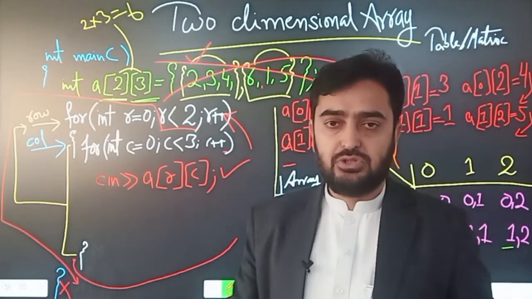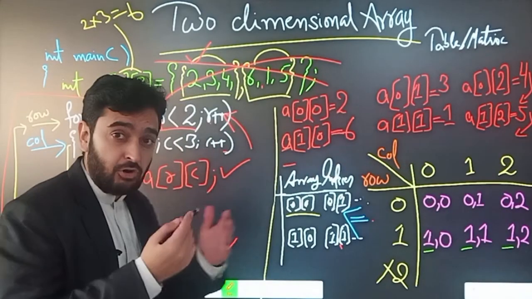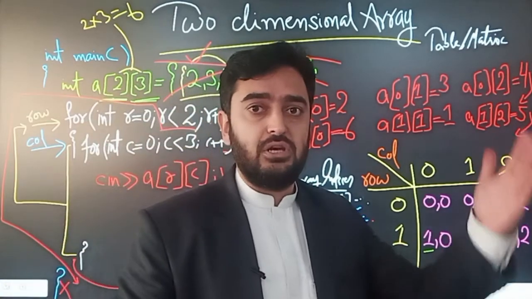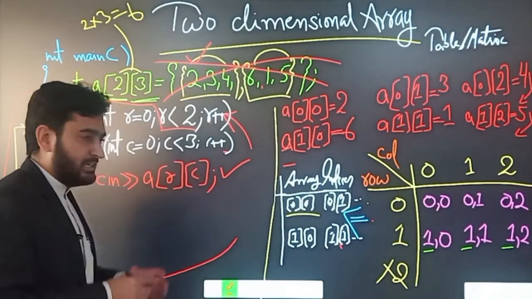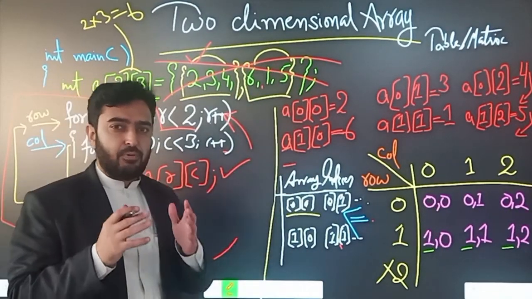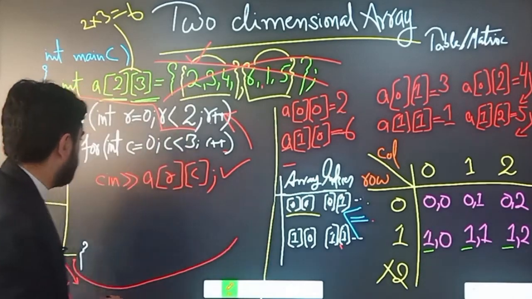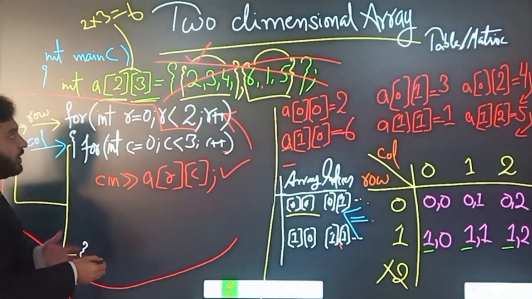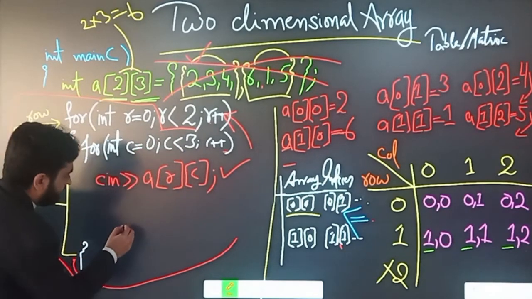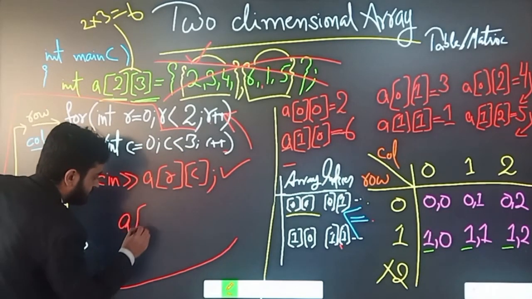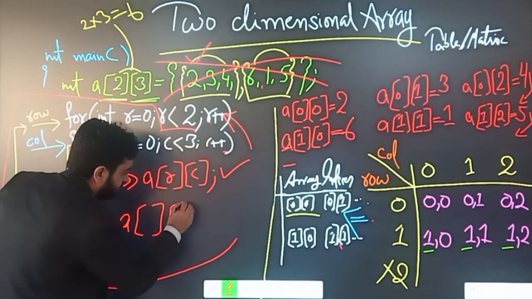Similarly, we can introduce 3-dimension arrays, even 4-dimension arrays, and you can increase it to multi-dimension. It depends on the problem that you are going to solve using the C++ program. For example, if you want to introduce a 3-dimension array, you need to introduce three square brackets.